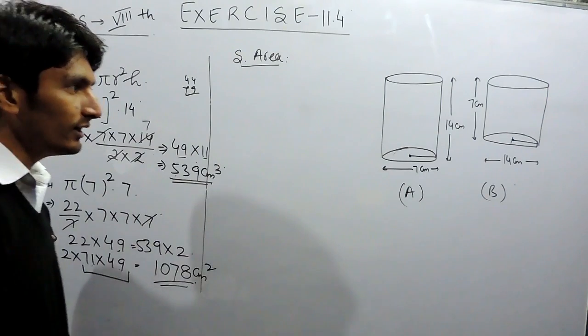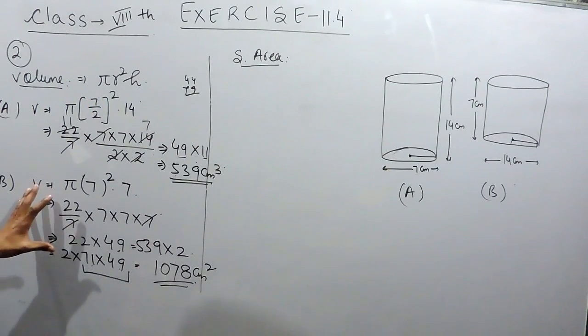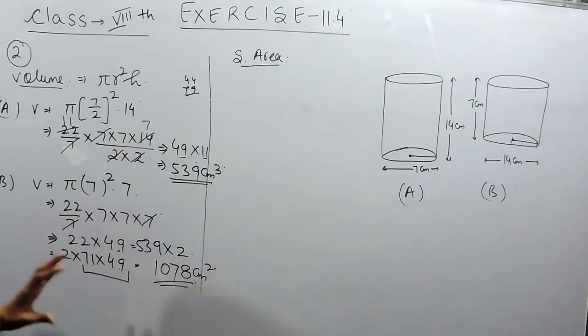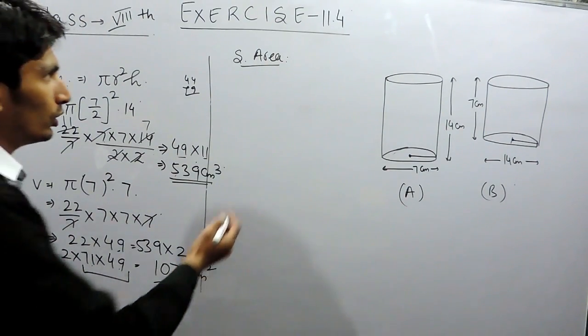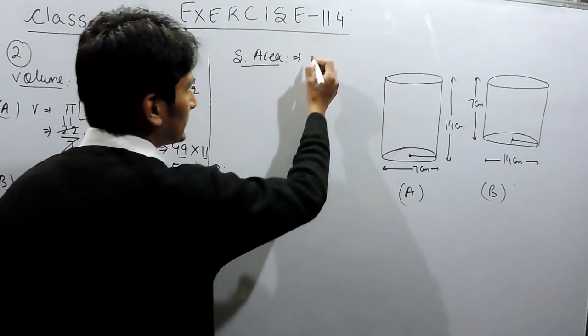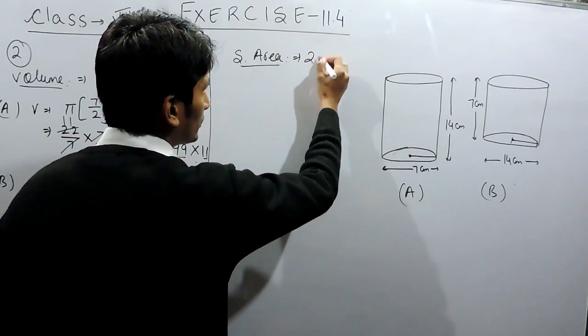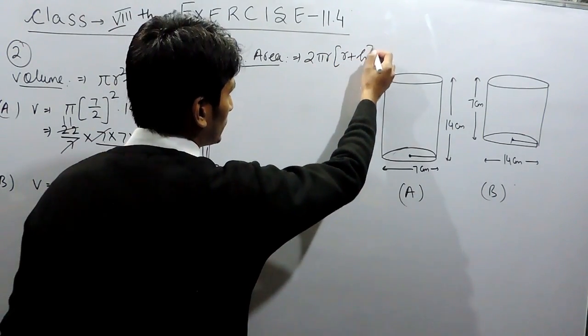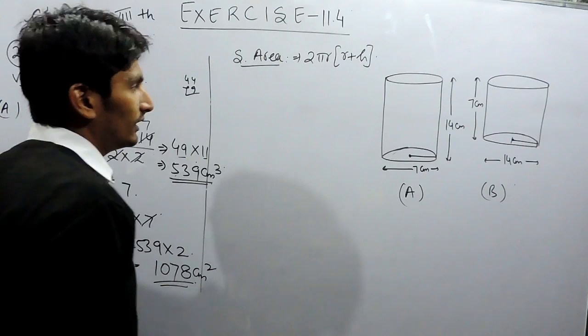Now you have to check whether the cylinder having more volume also has more surface area or not. So the surface area of a cylinder is basically 2 pi r bracket r plus h. This is the total surface area of a cylinder.